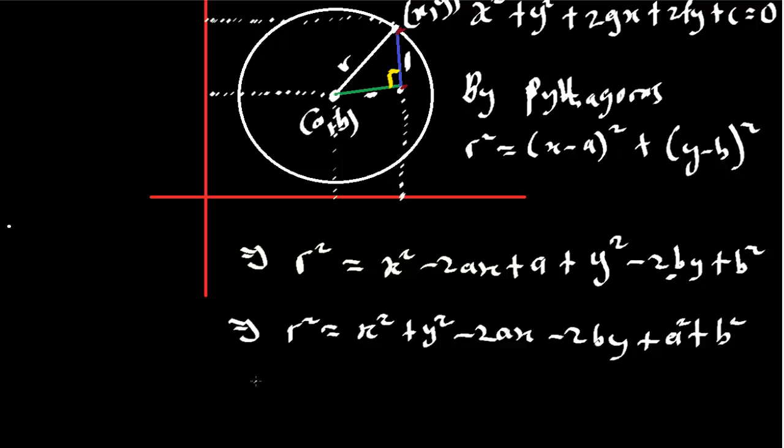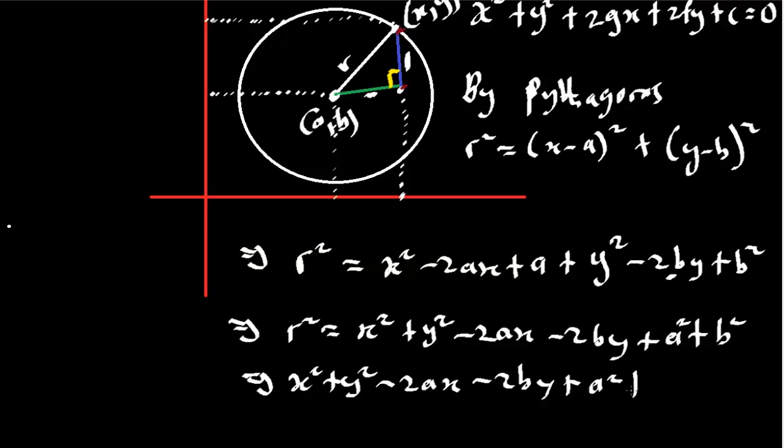Good. So from here, if I want, I can rewrite it as x square plus y square minus 2ax minus 2by plus a square plus b square equal to r square.